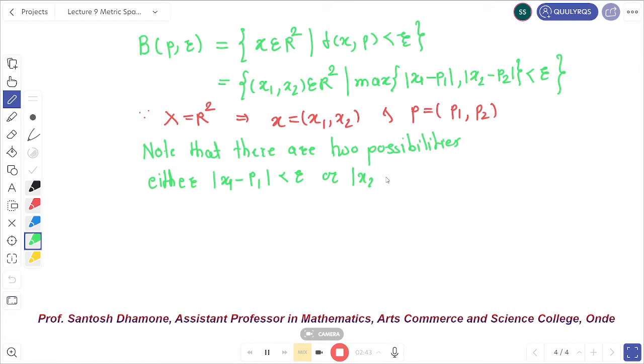These two possibilities give rise to four equations of boundaries of the open ball about p with radius r, which are as follows.